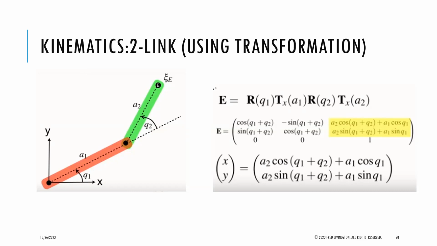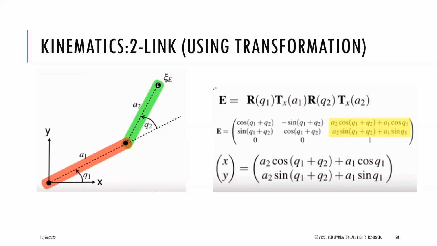So let's go back to the one-link example. This is my frame. I have a frame at the base, and then I have one at the end effector. So I do the same kinematic chain.